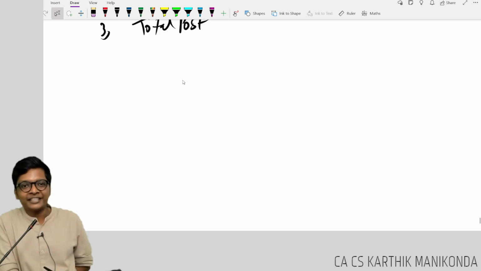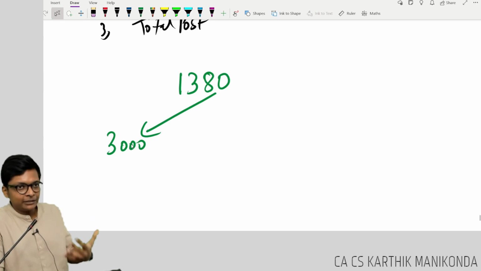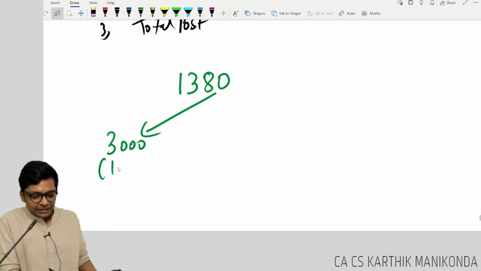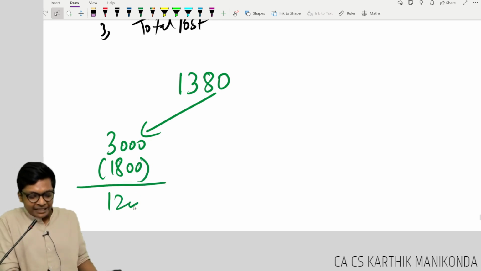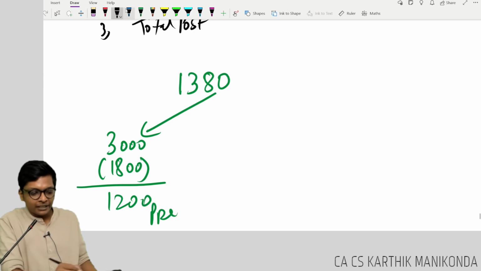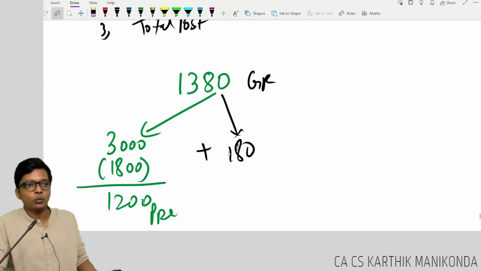What was the closing general reserve given in the question? 1380. Out of this, how much was opening? 3000. 3000 was opening given in the question. In this, bonus is 1800. So my remaining pre is 1200. That means current year addition in general reserve is 180.